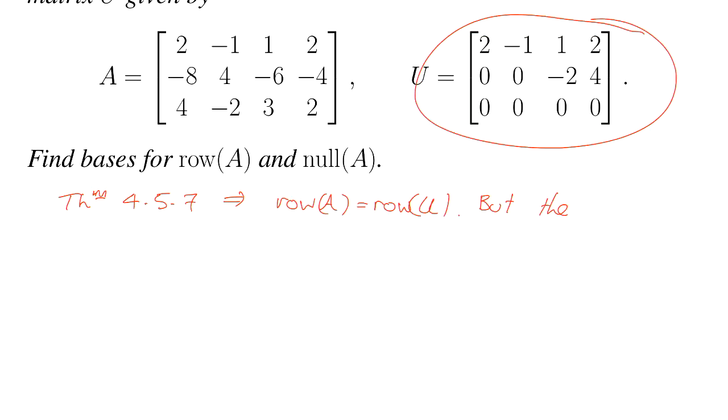But if you kick out the 0 row, then you can see, just by eyeballing it, that what you have left is an independent set. Because if you've got two vectors, they form an independent set if and only if neither of them is a scalar multiple of the other. So that second row is not a scalar multiple of the first row, so they're independent.